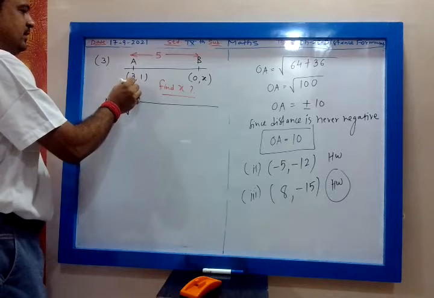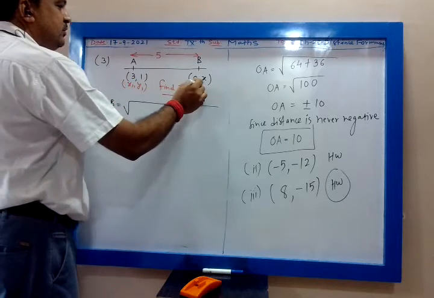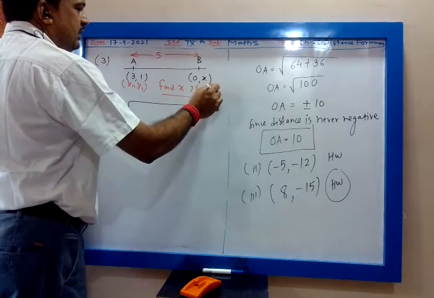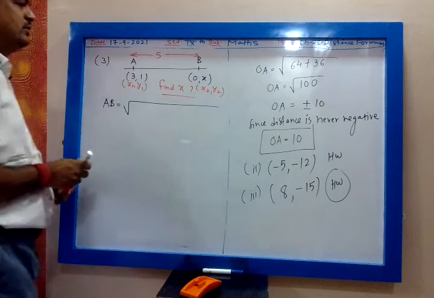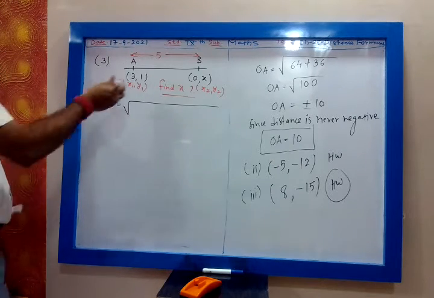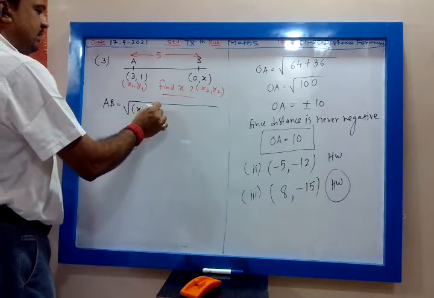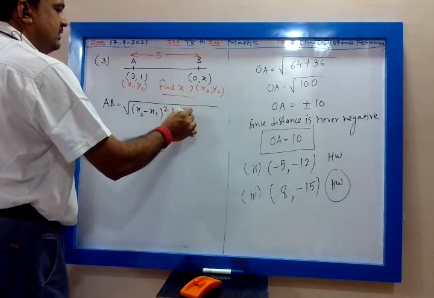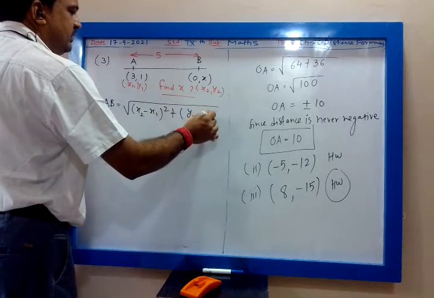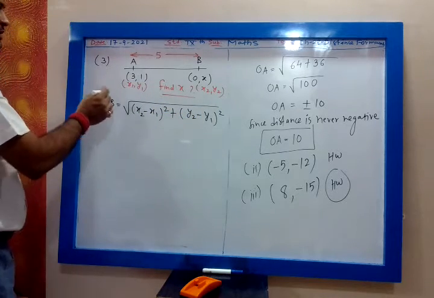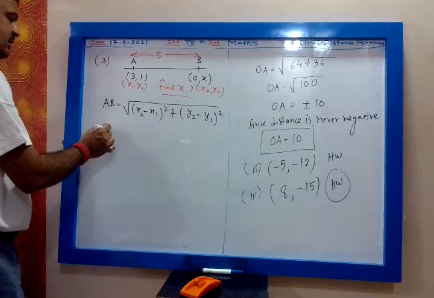This is my x1, y1 and this is my x2, y2. It does not matter whether x is there or not. So AB is given as 5.